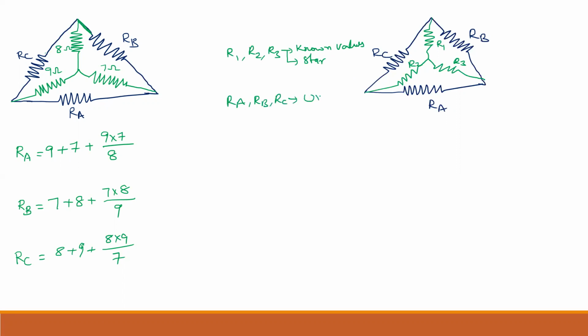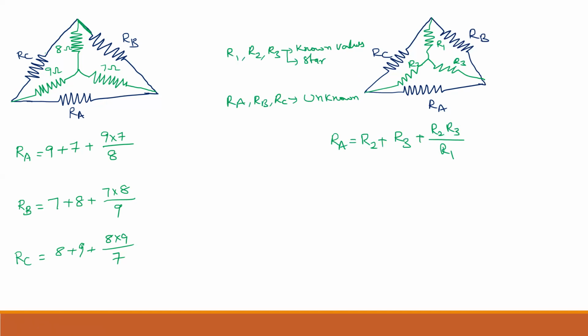These we will say are the unknown resistors that we have to find. RA is equal to, by the same method whatever I told: one side, if you went, you will get R2. Another side, if you went, you will get R3. With these two people, R2 into R3 divided by R1.